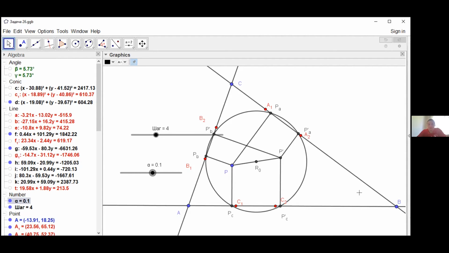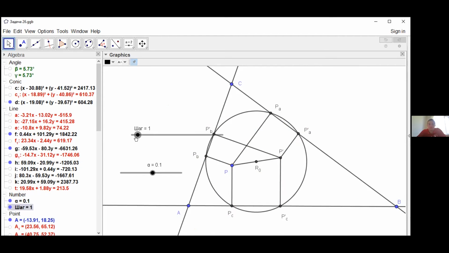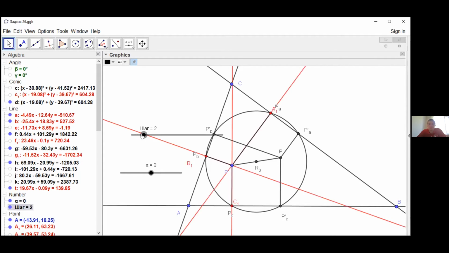And after that, we can start the following procedure. We can draw these lines.